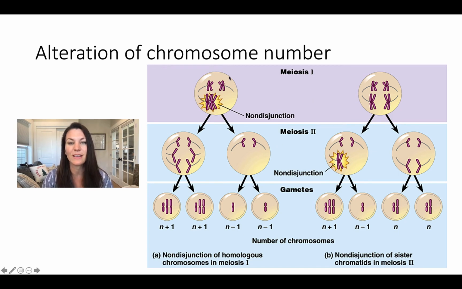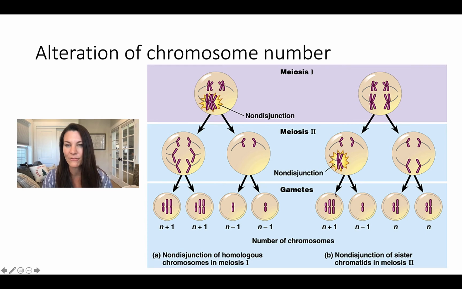And as you can see, if the non-disjunction occurs in meiosis 1, all of the cells are going to have the inappropriate number of chromosomes, leading us to have all of our gametes having either a +1 or a -1 in terms of the amount of genetic material present in that gamete.